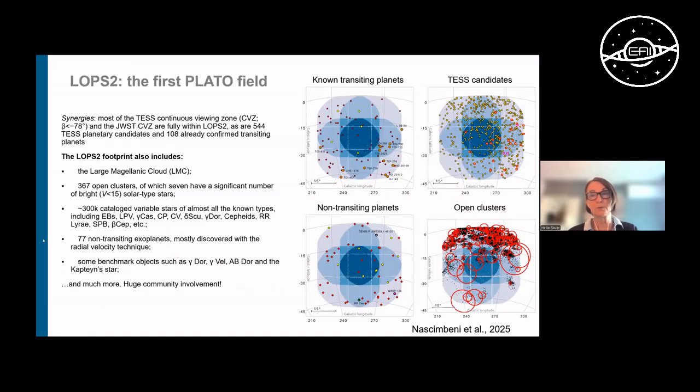I don't want to go into details with this. I know it's on YouTube, and those of you who want to get a little bit more overview of what is in the PLATO field in terms of known candidate planets, TESS candidates, non-transiting planets, clusters, and so on, I recommend the publication by Nascimbeni, who really describes the field in great detail.